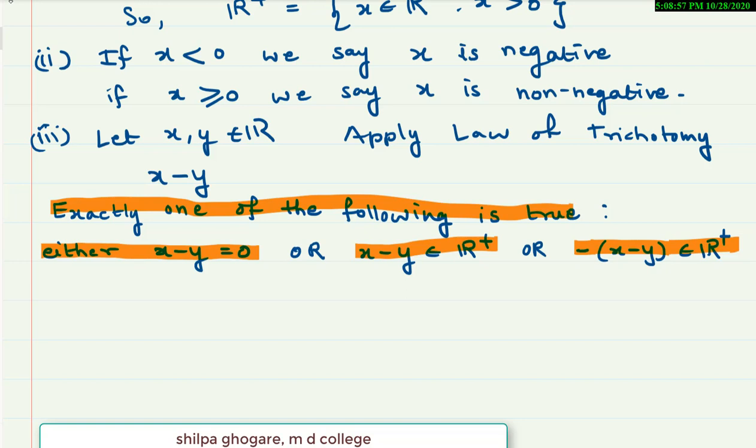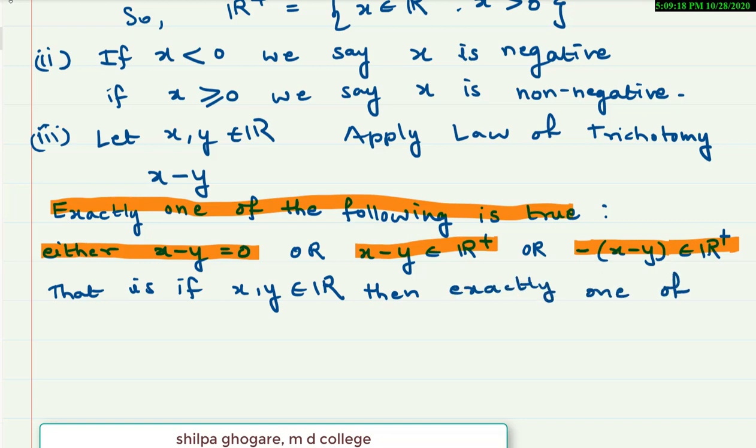Now this can be written in the following way. That is, if you have two real numbers X and Y, then exactly one of the following is true. And what is that?